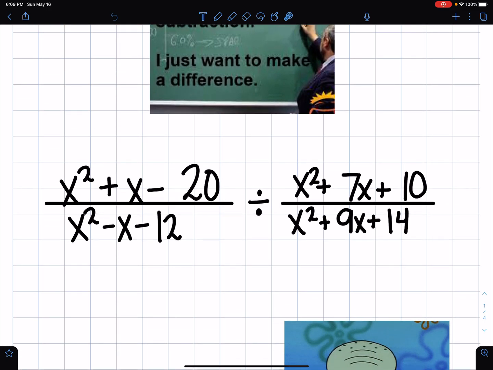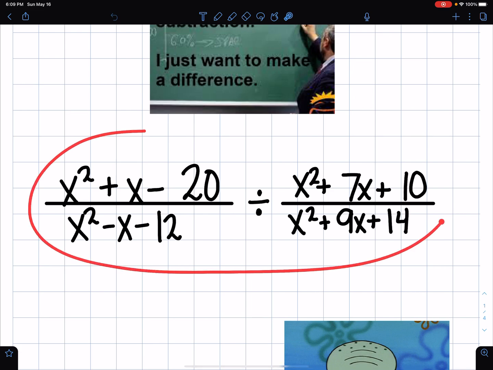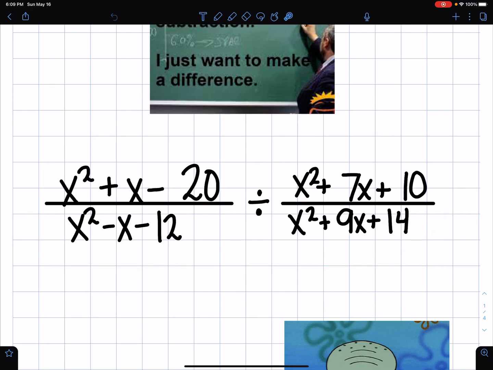Okay, here we go. Let's jump into the lesson. Basically, algebra books like to emphasize problems like this, but they're going to make it relatively easier for you because the trinomials and binomials in these expressions are usually going to be factorable.